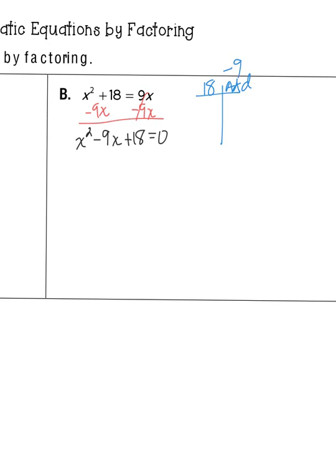So that would have to be 3 and 6. So 3 and 6 add to give you 9. Your 9 is negative, so both of these are going to have to be negative. So that gives you x minus 3, x minus 6 is equal to 0. Then if you set each one of those equal to 0, x is going to equal 3 or positive 6.